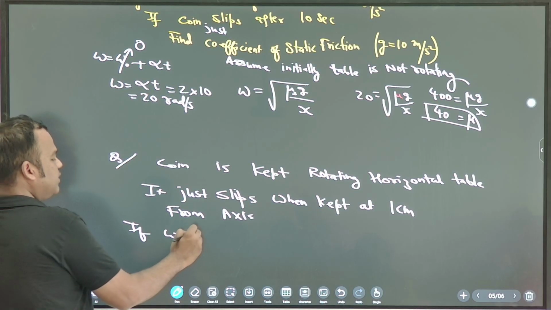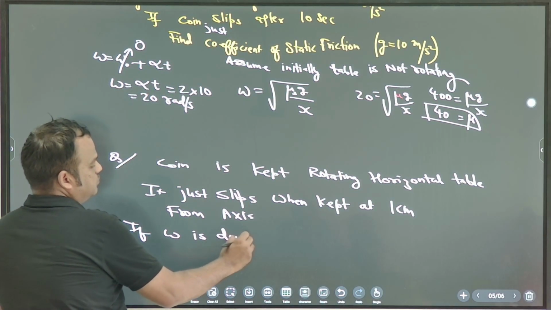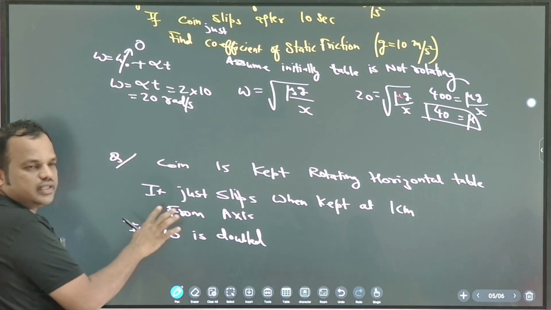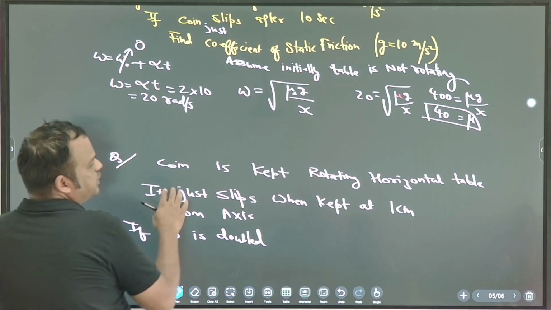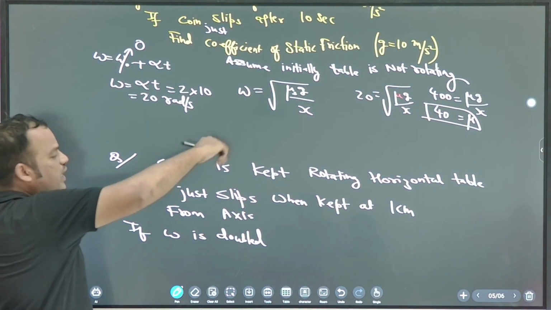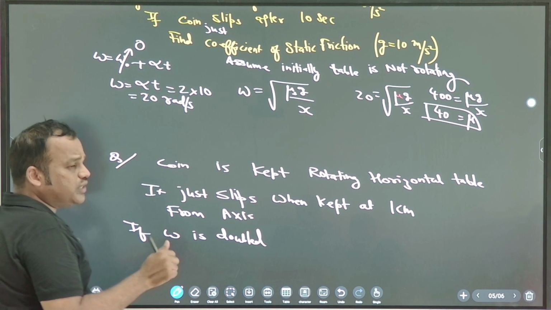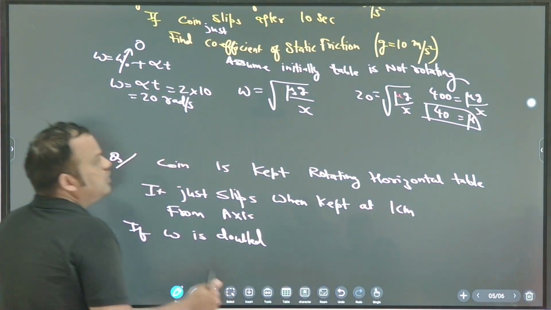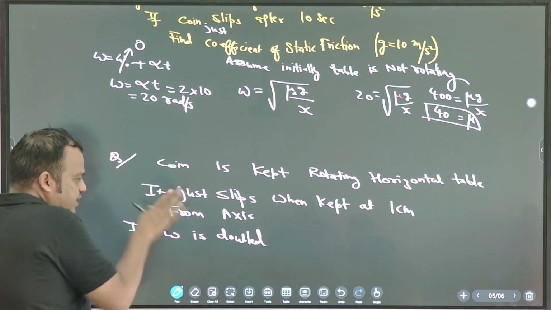If omega is doubled, are you getting this question? Initial omega is something, so at what distance you have to keep the coin so that it will just slip? 1 centimeter. Now omega is doubled.